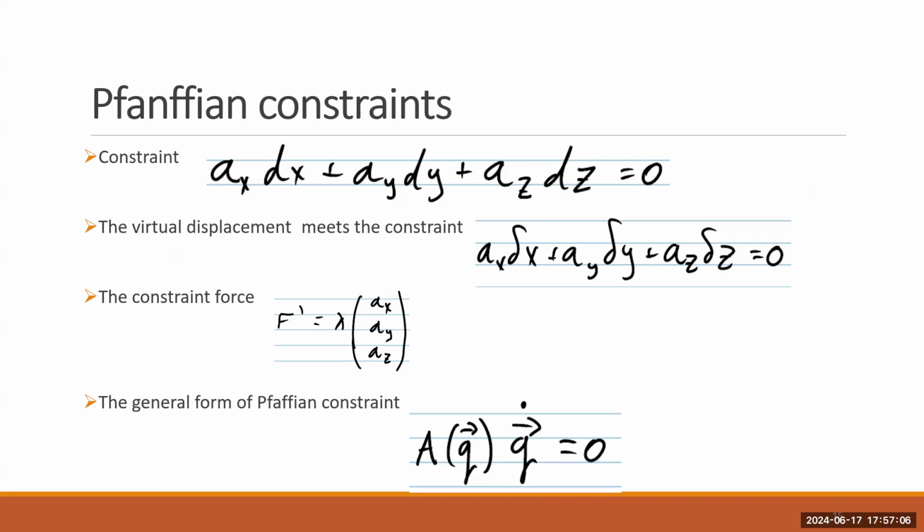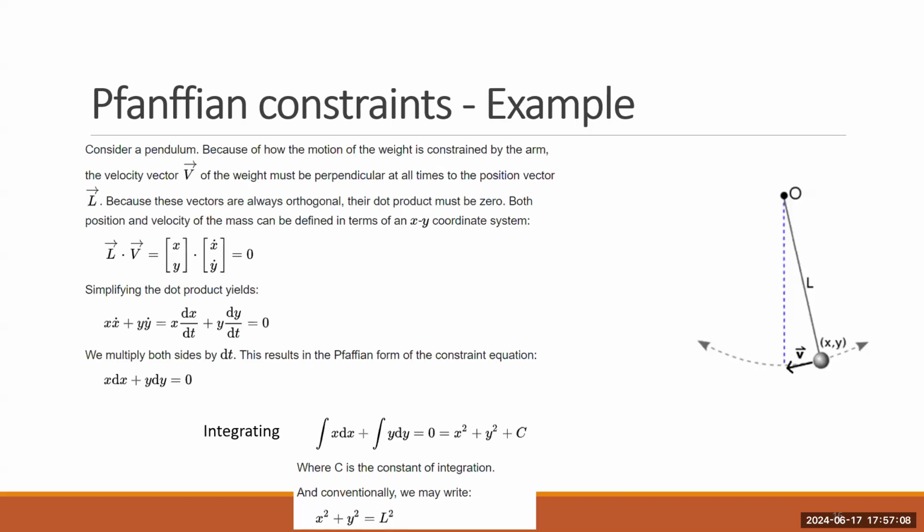So actually here, this is not a Pfaffian constraint. This is a constraint on the coordinate, on the configuration. But we transform this to a Pfaffian constraint by simply taking the derivative or taking the integral of this and get this.